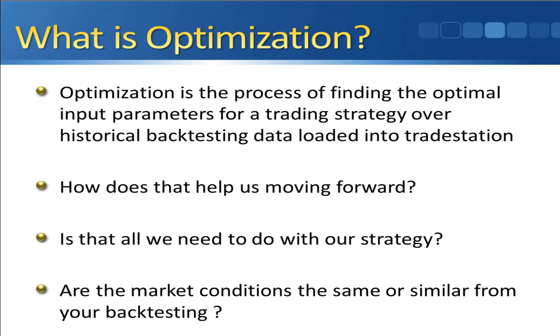So basically, how does the optimization help us moving forward, and what else do we need to do once we've optimized our strategy? We've developed inputs that are robust that we can use moving forward. What else do we have to have in our arsenal to ensure that system is able to be applied in the market in real time, and that it continues to work in the market in real time?